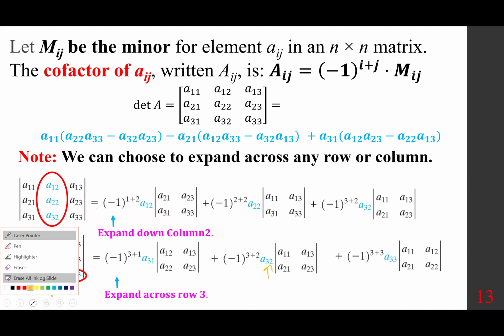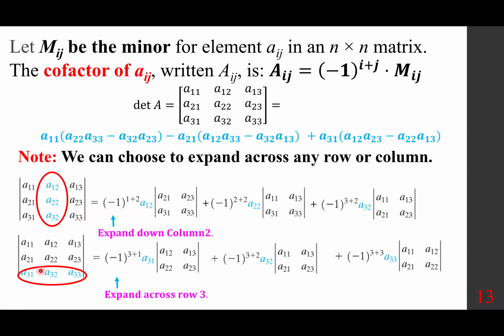In other words, you can expand it with respect to any row or even column. Note the sign alternates, meaning as long as you get one of them, this is negative, then this becomes positive, this becomes negative. This is positive because -1 to the power of 4, then becomes negative, positive. The signs alternate.